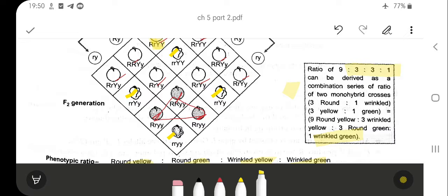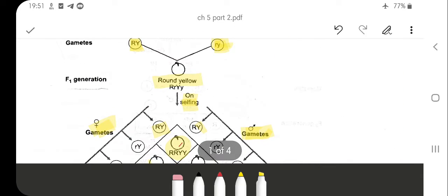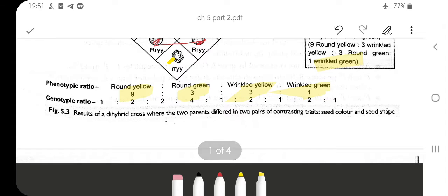But in this particular ratio, what we have to observe is that round yellow and wrinkled green are our parent generations, and in our F1 generation the progeny is round yellow. So now the question is, from where do the two more combinations come, that is round green and wrinkled yellow.